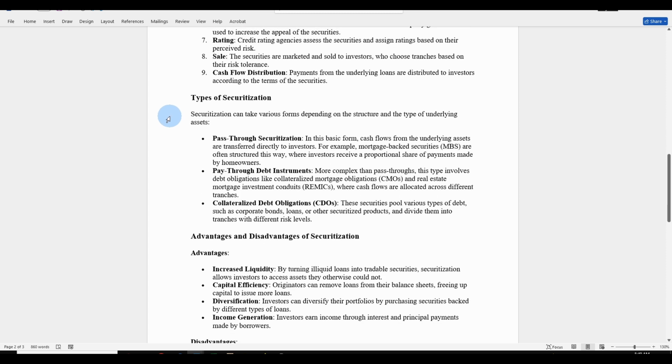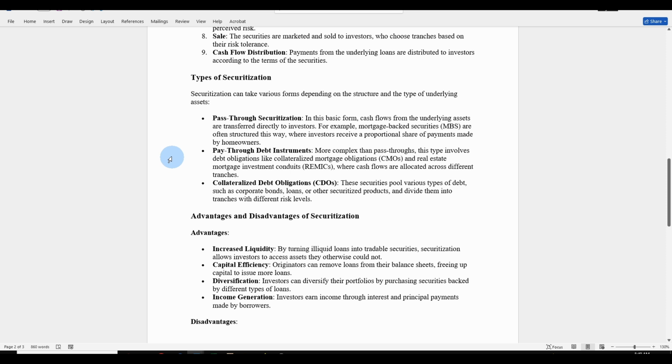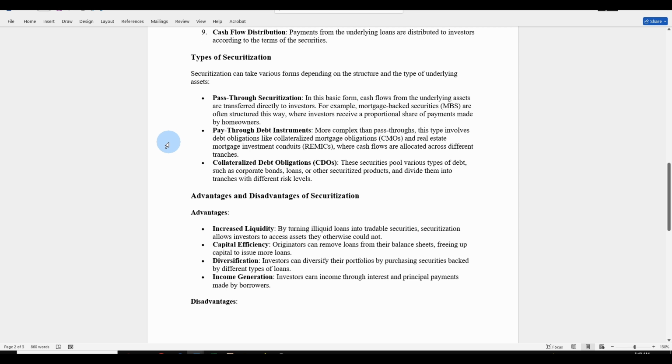Types of securitization. Securitization can take various forms depending on the structure and the type of underlying assets. Pass-through securitization: in this basic form, cash flows from the underlying asset are transferred directly to investors. For example, mortgage-backed securities are often structured this way, where investors receive a proportional share of payments made by homeowners. Pay-through debt instruments are more complex than pass-throughs.